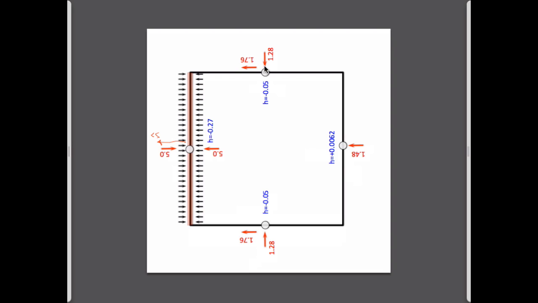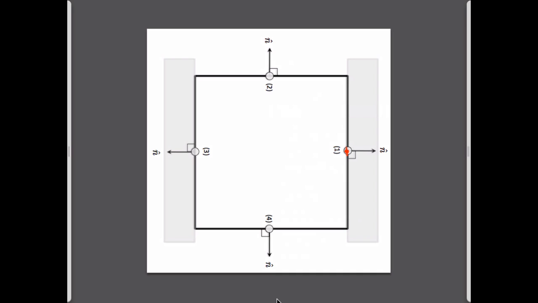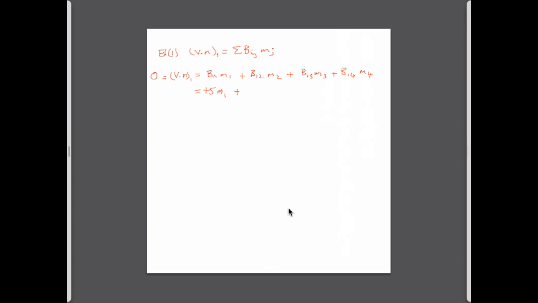The boundary velocity is in this direction, so the normal to the boundary velocity is going to be minus 1.28. I guess L takes it counterclockwise. So this is minus 1.28 times M2.